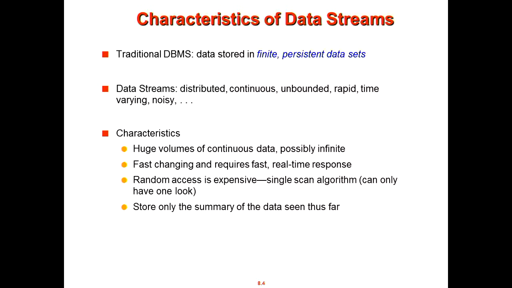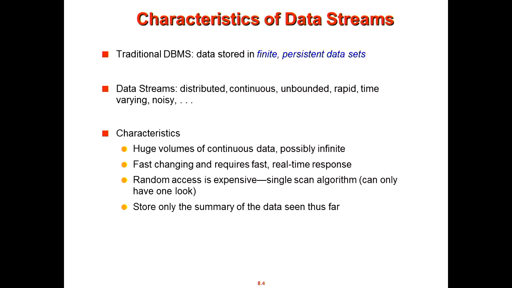And random access is not possible, it's very expensive, because the data generation speed is very fast and the data volume is huge. It's not possible to store all the data in some place.